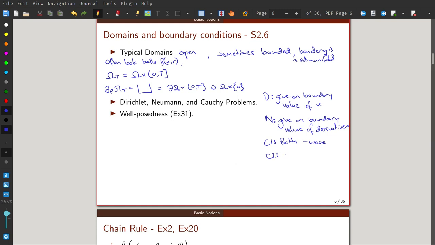We also sometimes use this to mean the initial condition plus boundary values. And I think this is how we call the Cauchy problem of the heat equation, the initial condition of the heat equation plus the boundary value for when you have a bounded domain. Of course, the initial condition at time 0 is a type of boundary condition, in my opinion.